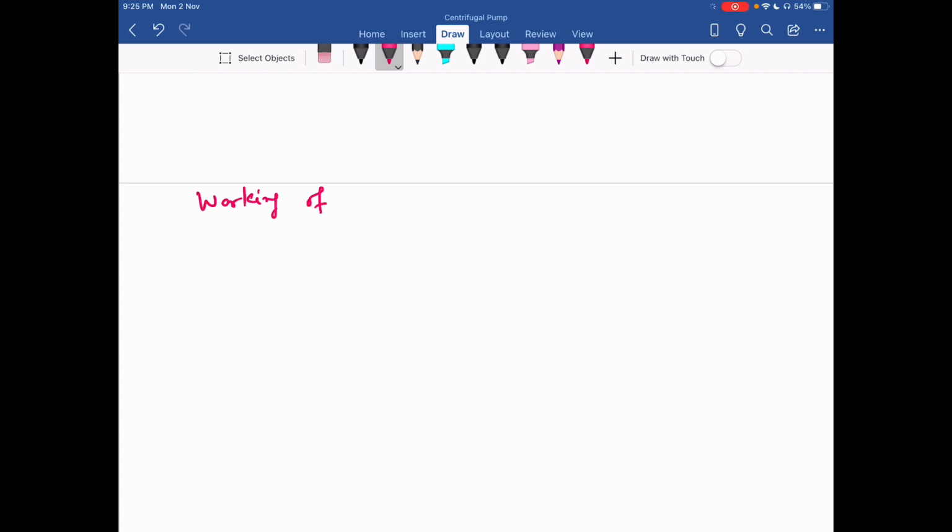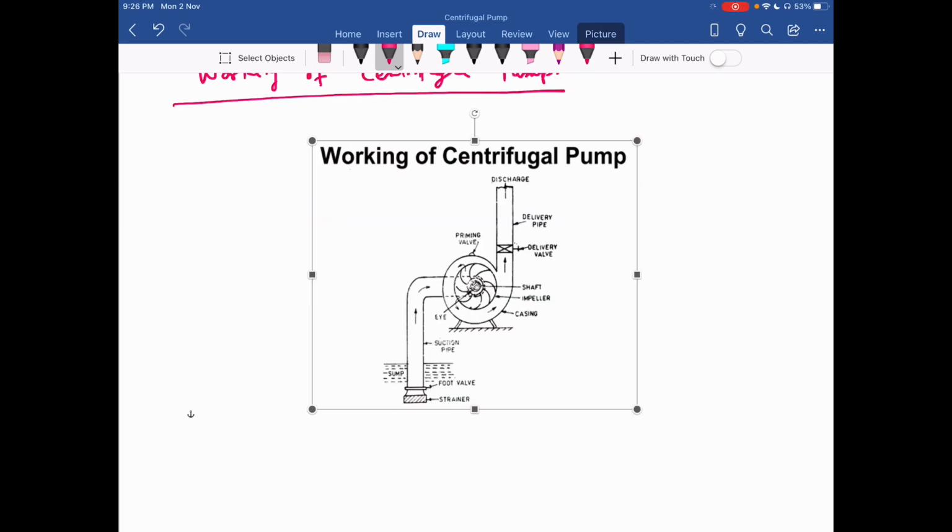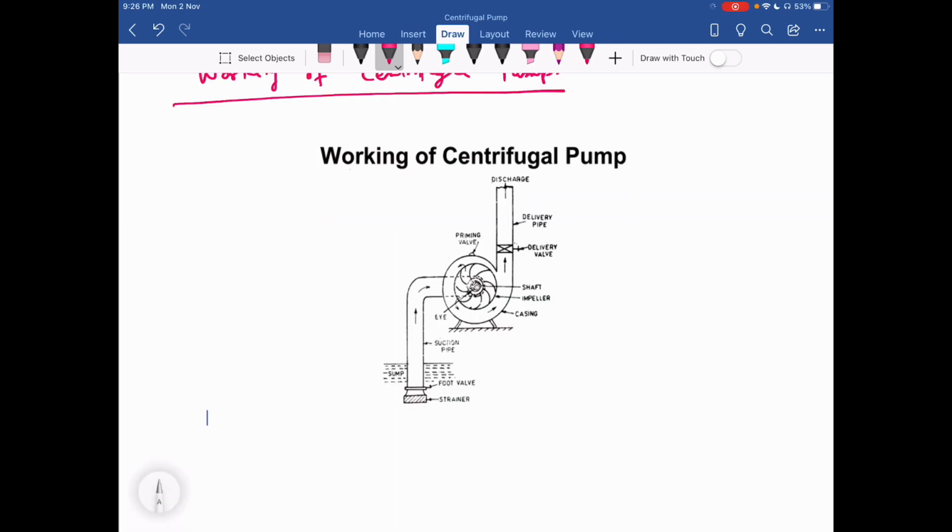Working of centrifugal pump. So in this diagram, first you see the various components. So here you have the sump.